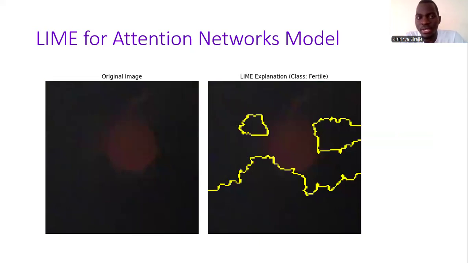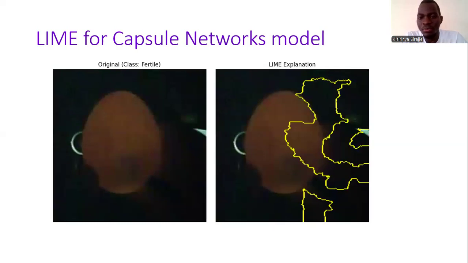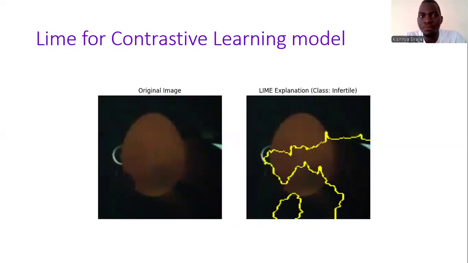Then that is the attention networks model image. For it, the image I selected was not clear, but it tried to implement. Then this one is for capsule networks. I think you can't see it very well, but the LIME technique brings in the features within the image. That one is for contrastive learning.